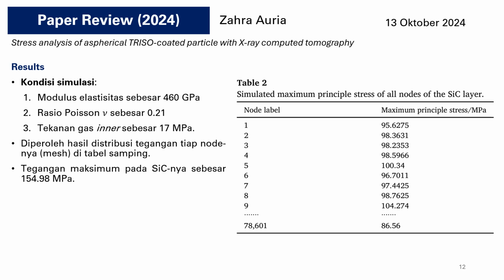And we obtain the maximum stress on the silicon carbide layer, which is 154.8 MPa.